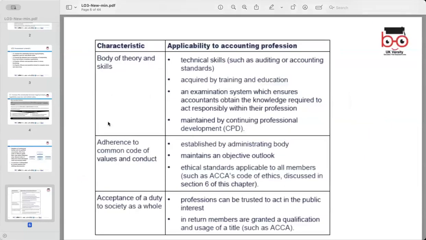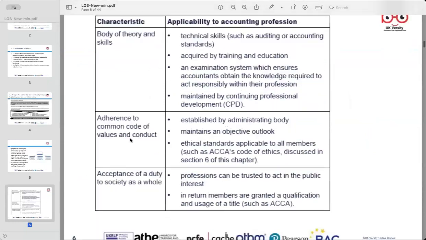Characteristics applicable in the accounting profession: a body of theory and skills, adherence to common codes of value and conduct, and acceptance of a duty to society as a whole.